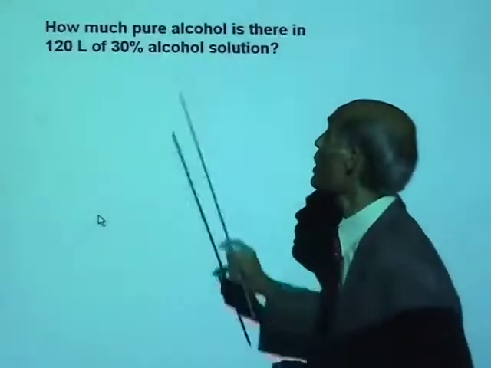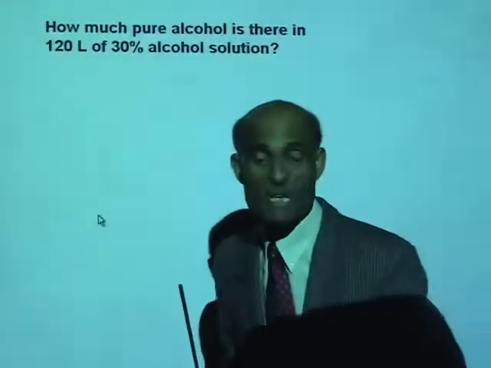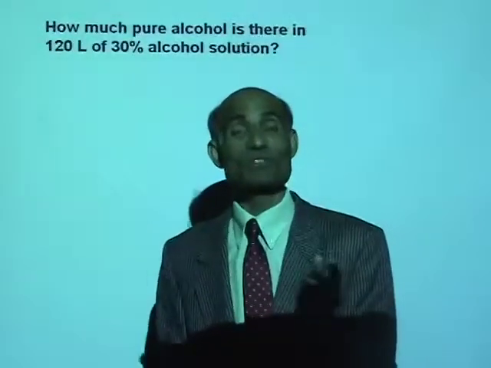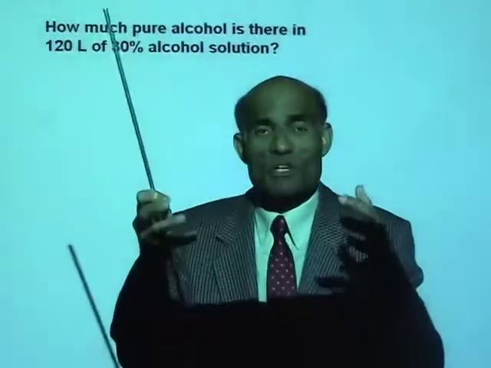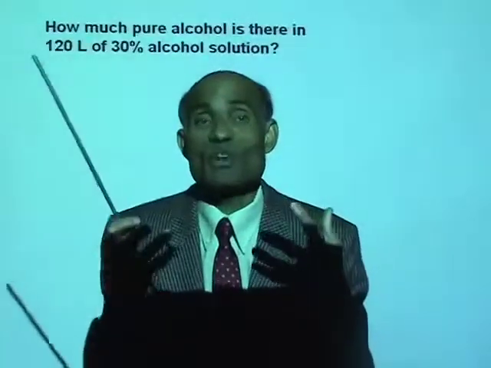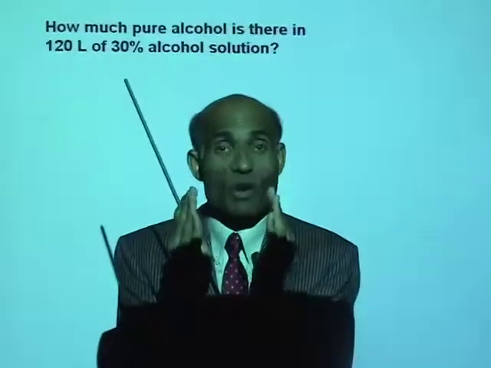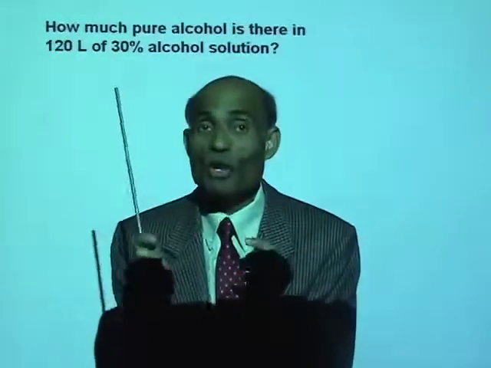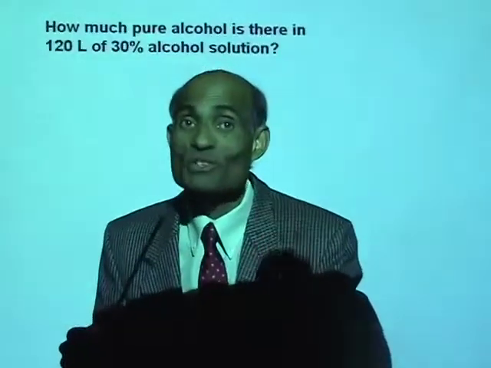How much pure alcohol is there in 120 liters of 30% alcohol solution? Now, we have a certain amount of alcohol mixed with water. That is what is called an alcohol solution. Pure alcohol is mixed with water to produce an alcohol solution.